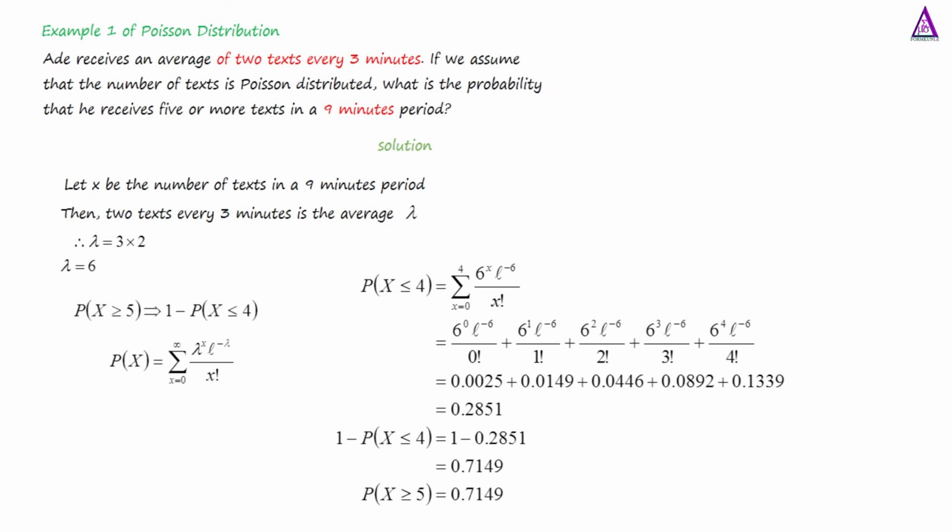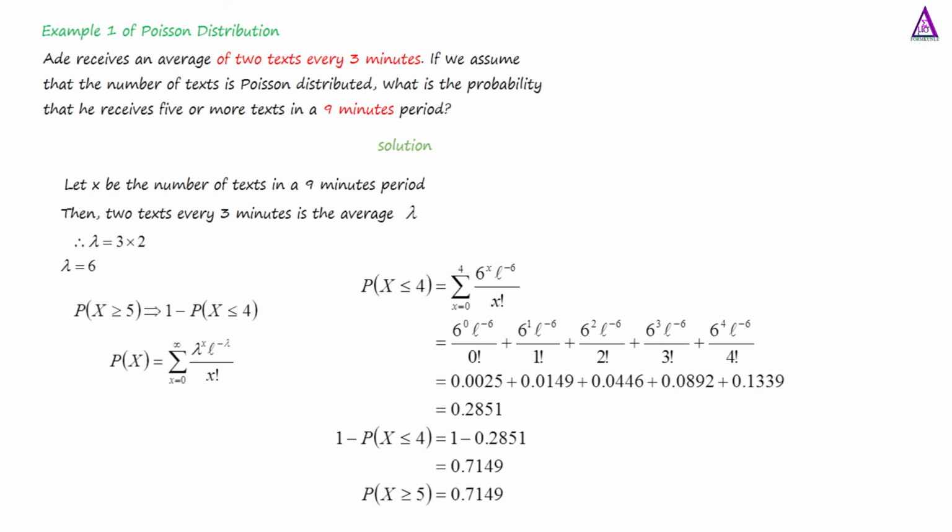The probability that Ade receives 5 or more texts in a 9-minute period is X greater than or equal to 5, which leads us to 1 minus the probability that X is less than or equal to 4. And this is our probability distribution function of Poisson. We calculate for each of 0, 1, 2, 3, and 4.